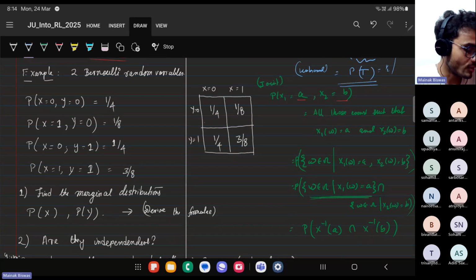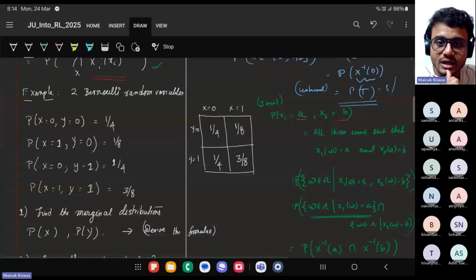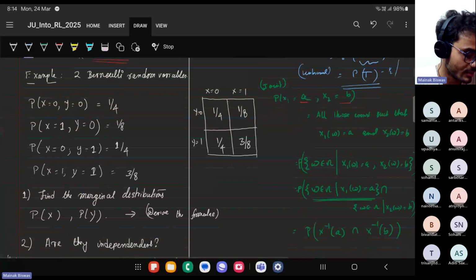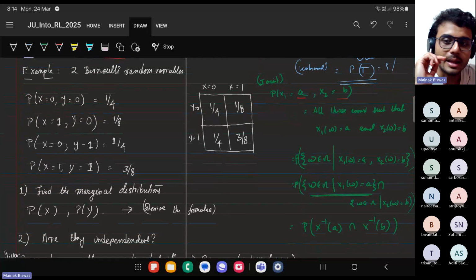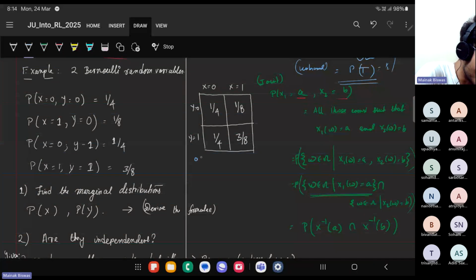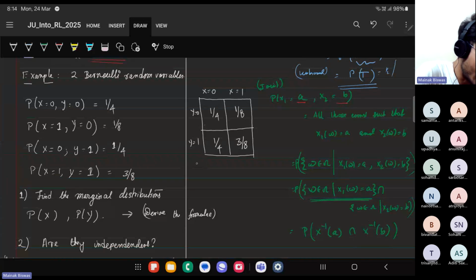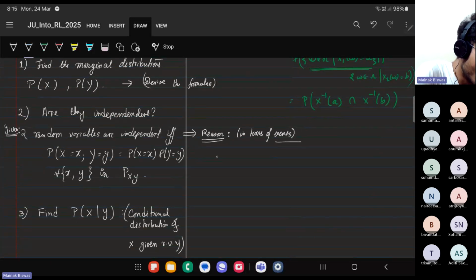Okay, so now say we have two Bernoulli random variables. If there are two Bernoulli random variables, can anyone tell me what are the possible outputs that you can have? Bernoulli random variables are 0 or 1. So let us write it down. Two Bernoulli random variables.